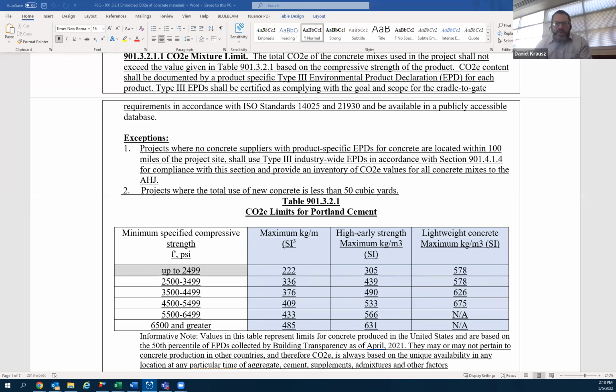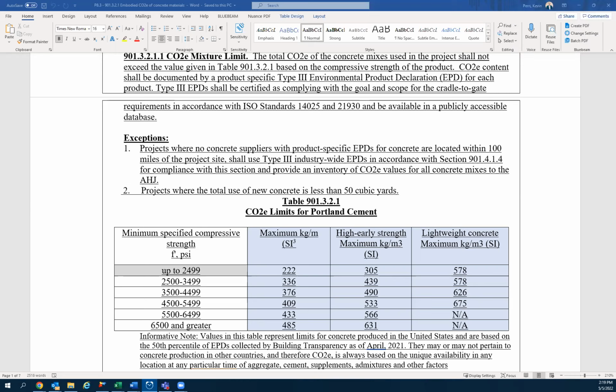So if the manufacturing of concrete were regulated in the same way to limit the embodied energy in the manufacturing, would that solve this, or would this still be a necessary piece of code?